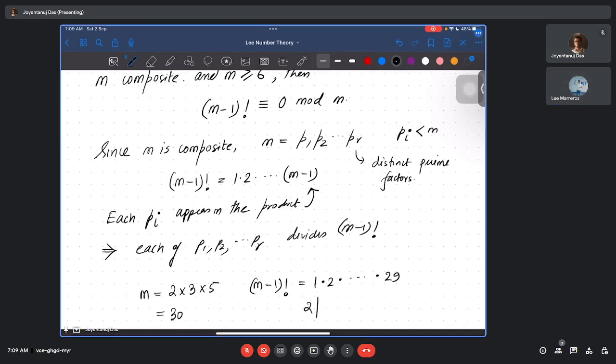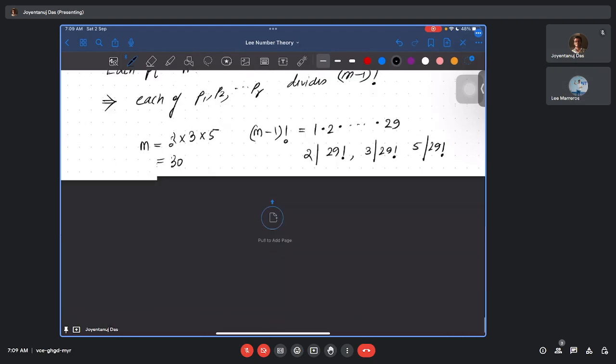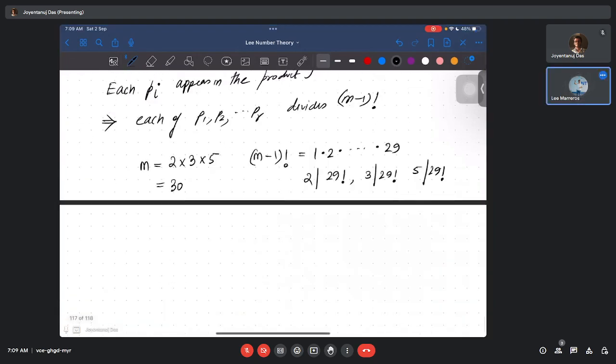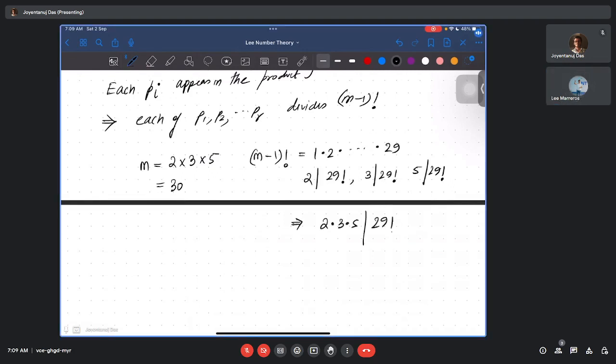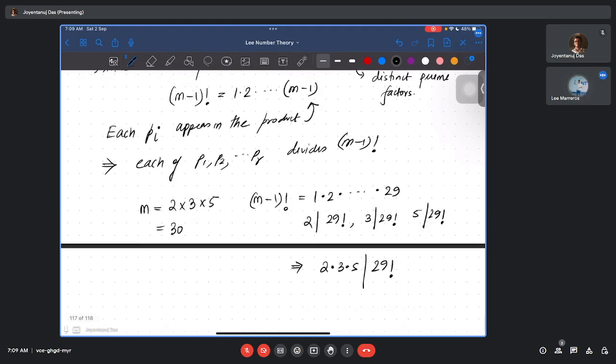So 2 divides 29 factorial, similarly 3 divides 29 factorial, as well as 5 divides 29 factorial, right? Since all of them are distinct, their product will also divide 29 factorial. That is the property of primes, right? So that is what we are using.